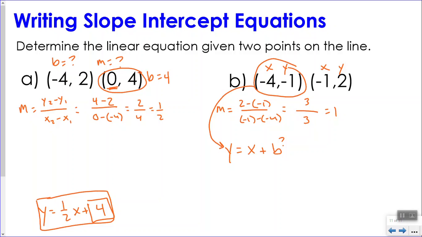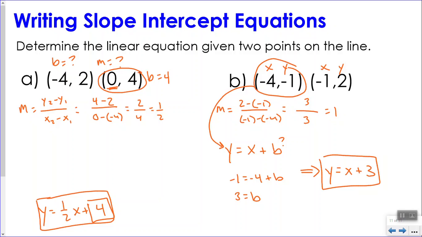I can go with the first point if I want. I'm going to take these values and substitute them into my equation, so that way I only have one unknown and I can solve for the y-intercept. So we're going to say that -1 equals -4 plus b, add 4 to both sides, and we get a y-intercept of 3. So now we can write our full equation, which is y equals x plus 3.